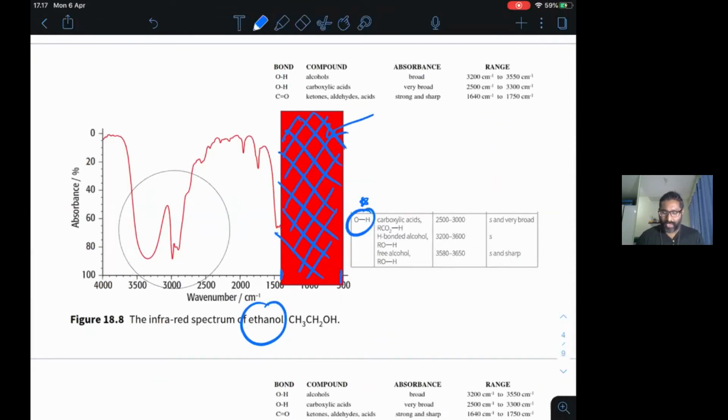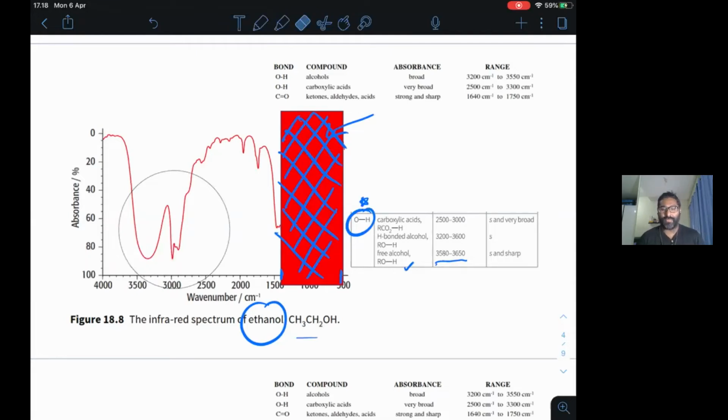So they say that if you have a free alcohol, you have 3580 to 3650, probably somewhere here, from this region. So that's going to be the absorbance for alcohol. They mentioned there that you can actually identify that that is alcohol.